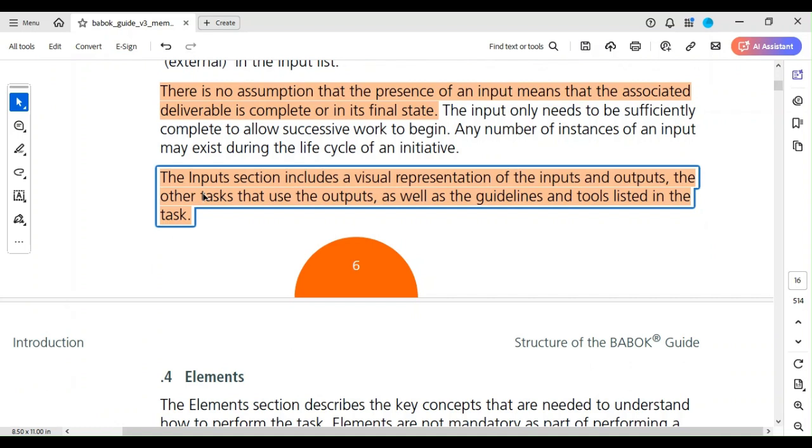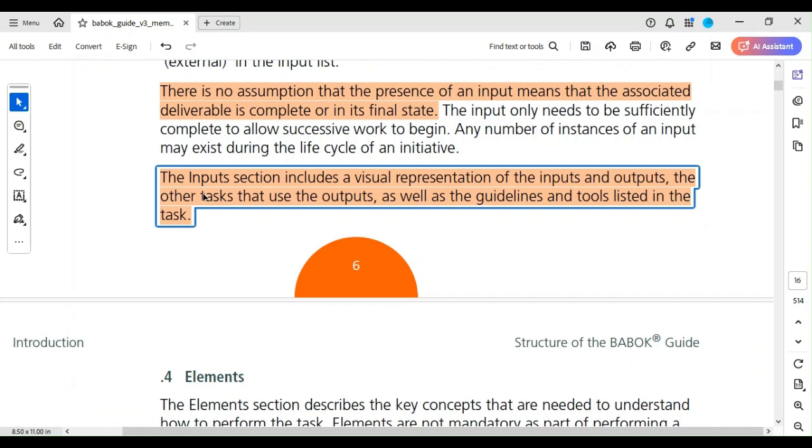So the input section includes a visual representation of the input and output, the other tasks that use the output, as well as the guidelines and tools listed in the task. This is good information to underline. So each time you see an input section, it is visual in nature and it represents whatever you put in and whatever you should expect.